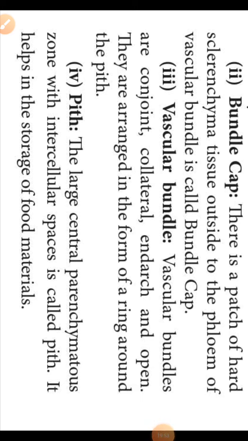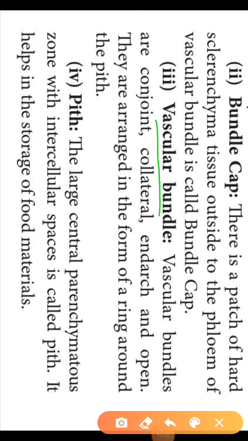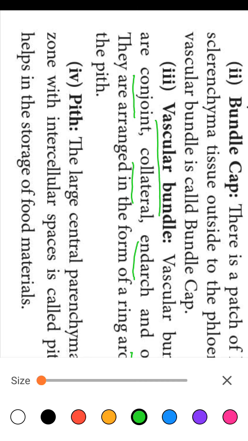Vascular bundle is conjoined, collateral, endarch, and open. Write the meaning. Conjoined meaning combined.